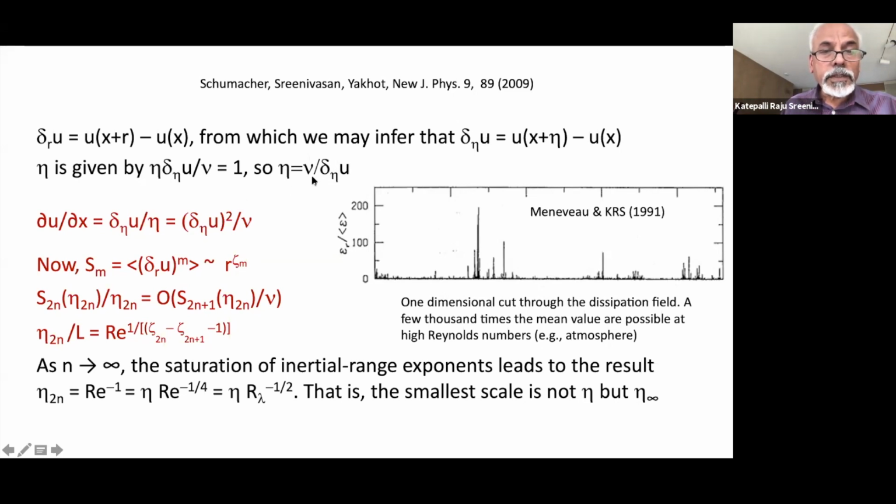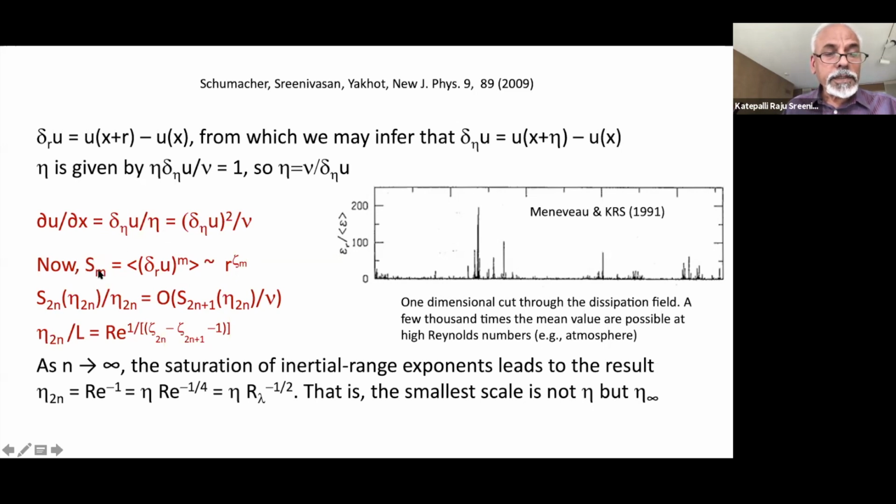Now, if you accept that, you can always get all the velocity derivatives in this fashion. For u, you put in delta eta u, and d by dx goes like 1 over eta. And using this relation, you can write it like that. This is how you can do any derivative you want.